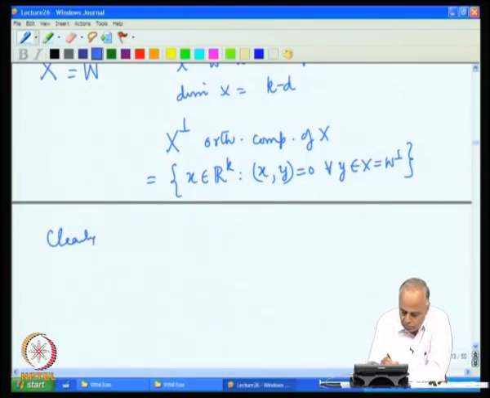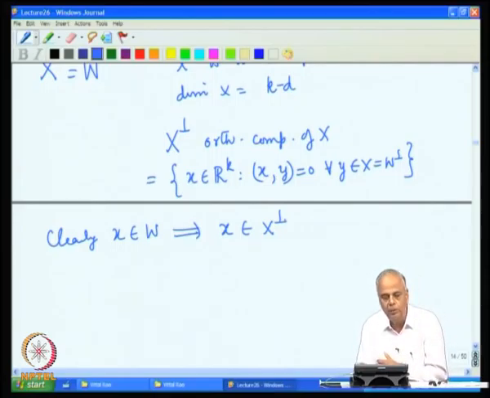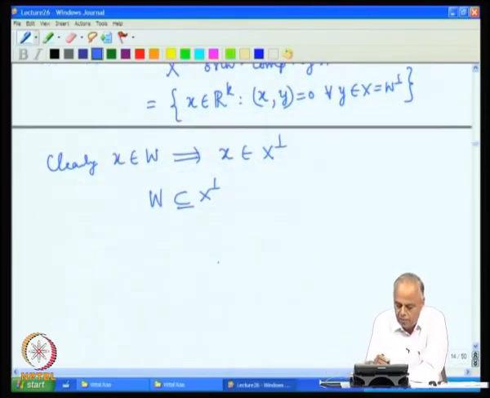Clearly, x belongs to W implies x belongs to X perp, because every vector in W is orthogonal to every vector in W perp, and therefore, we have W is contained in or equal to X perp. So, that is one thing we observe.